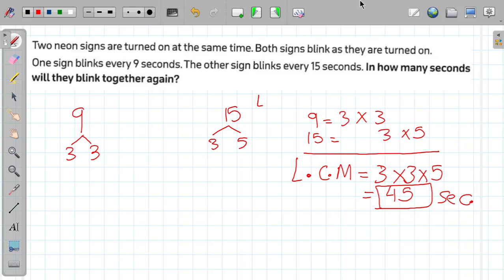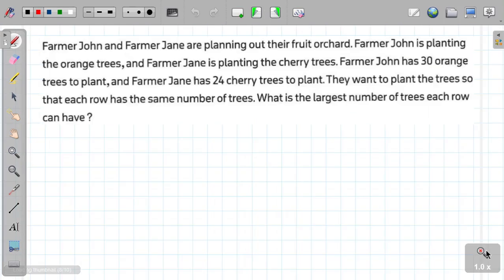Okay, let's do another one. Here I have Farmer John and Farmer Jane planning out their fruit orchard. Farmer John is planting the orange trees and Farmer Jane is planting the cherry trees.